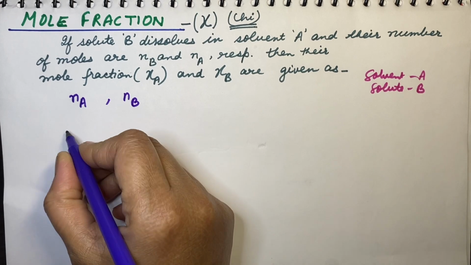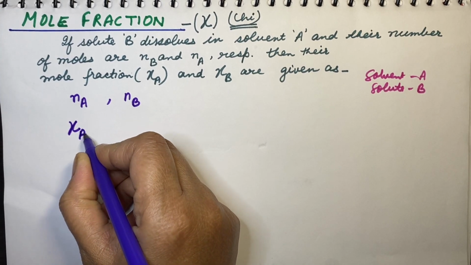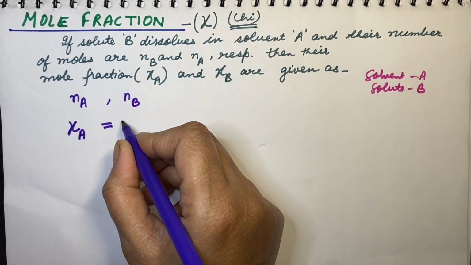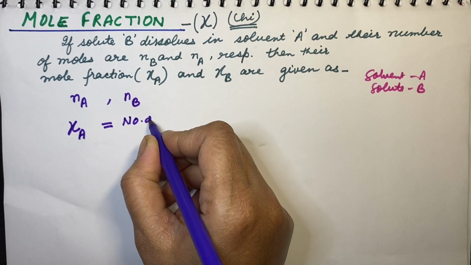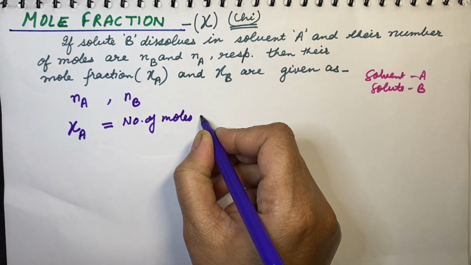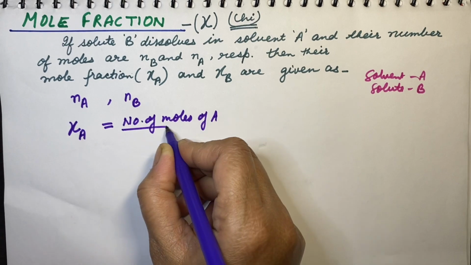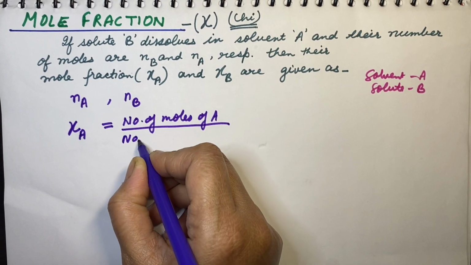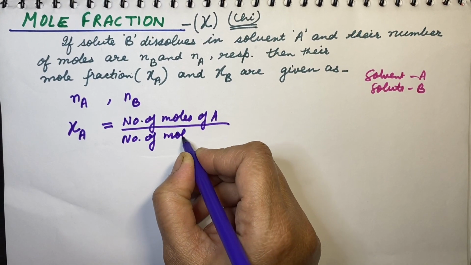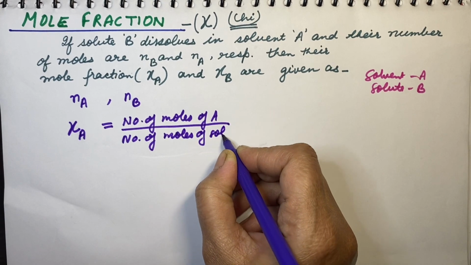So the mole fraction of A is equal to the number of moles of A divided by the number of moles of solution.